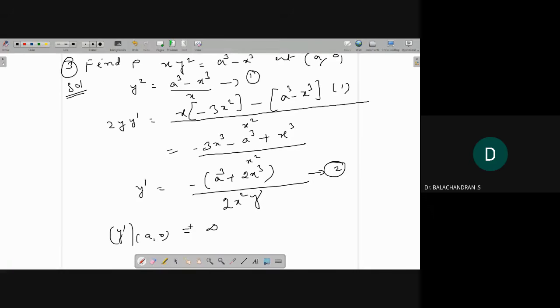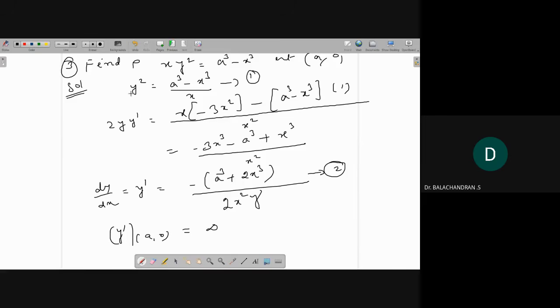Okay. So if dy by dx is infinity, then you need to consider the formula which I gave already. So we need to find the reciprocal of dy by dx, that is dx by dy. So this is actually dy by dx. I need dx by dy. Dx by dy is the reciprocal of this.